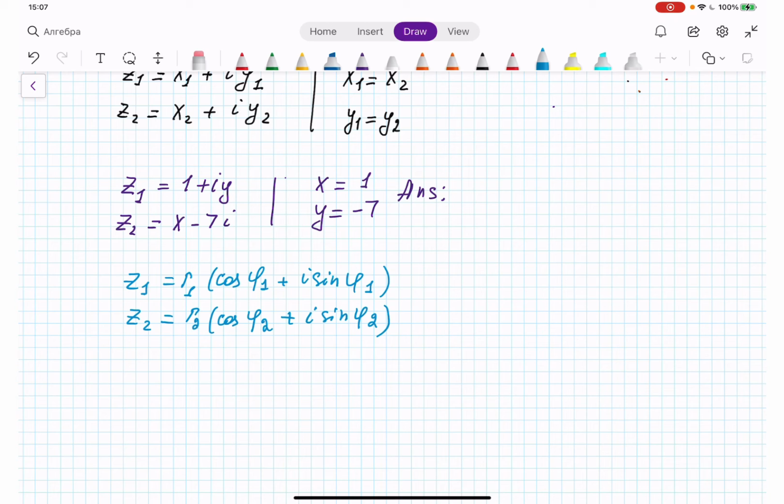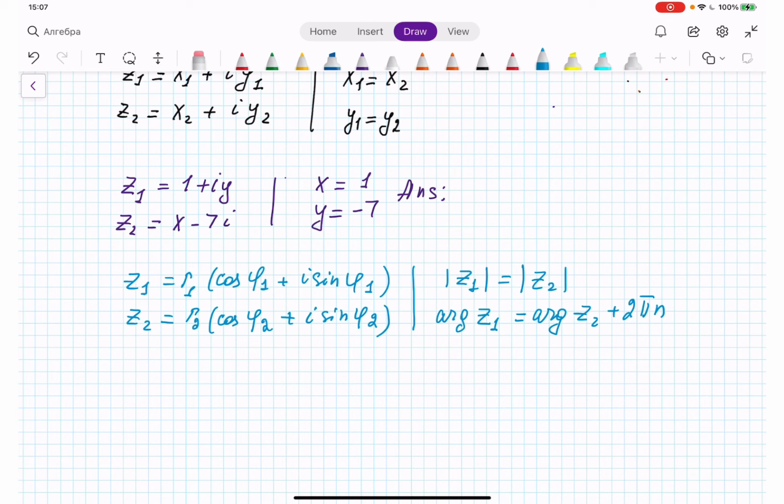They are said to be equal if the absolute value of z1 is equal to that of z2, and the argument of z1 is equal to the argument of z2 plus 2 pi n.